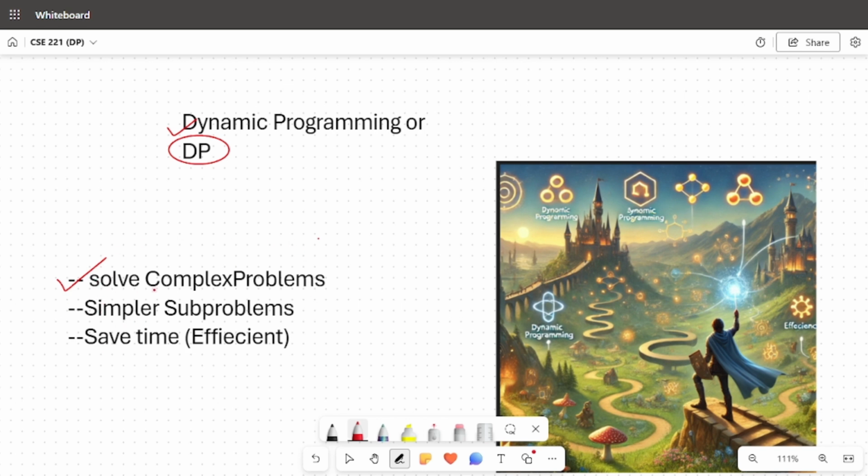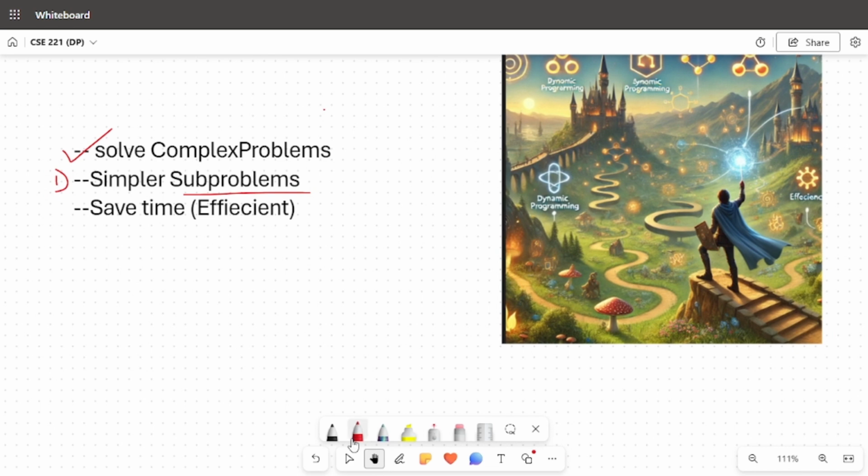Now, there are some steps to solve this complex problem using dynamic programming. So how will you solve? The first step is you have to break it into some pieces, or you can also call them subproblems, right? So in a simpler way, I can tell that there are some puzzles.